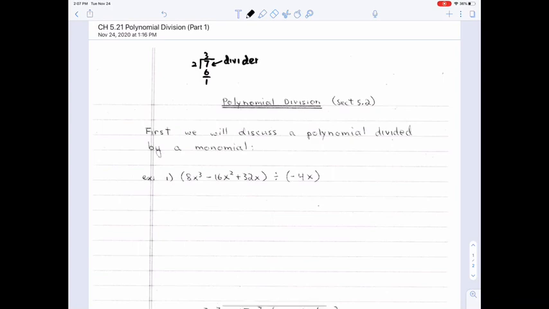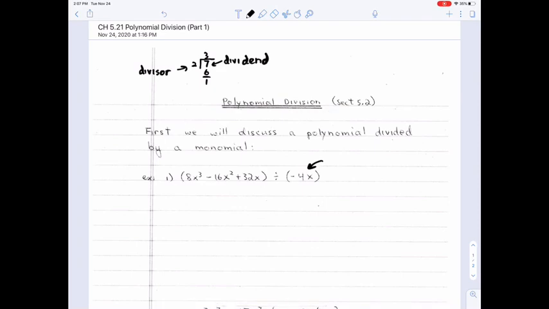The thing you're dividing into is called the dividend. The thing you're dividing by is called the divisor. What we're dealing with today is where the divisor is a monomial.